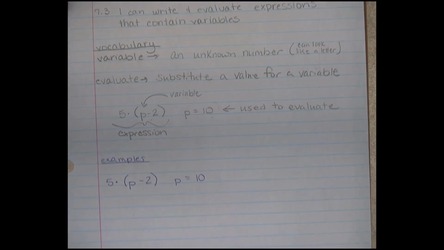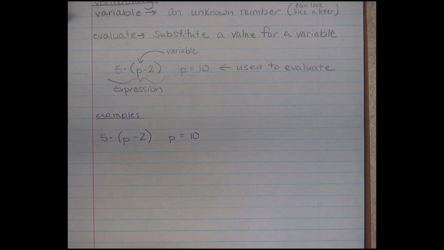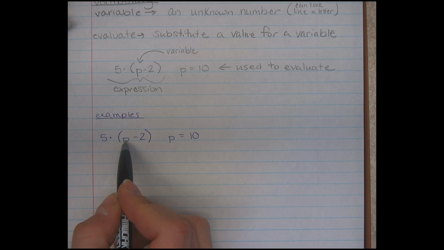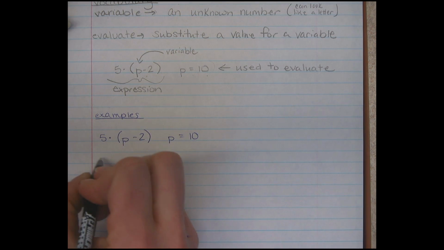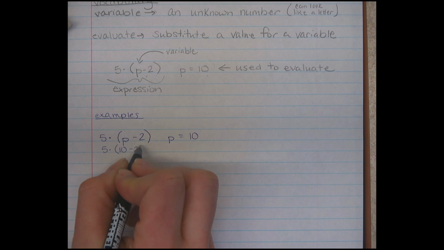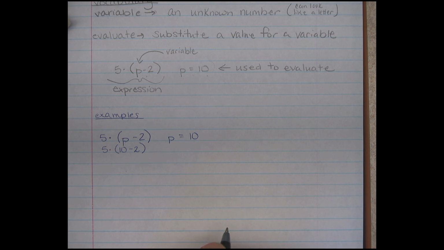So for the first one, we have our P equals 10. So all that means is I'm going to use this to substitute into that missing variable. So if P equals 10, then I can replace this P with the 10. So this becomes 5 times 10 minus 2. Now, to evaluate it, all I have to do is simplify my equation.